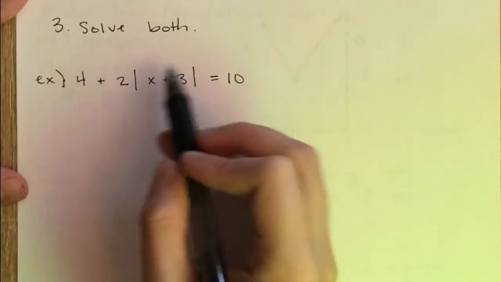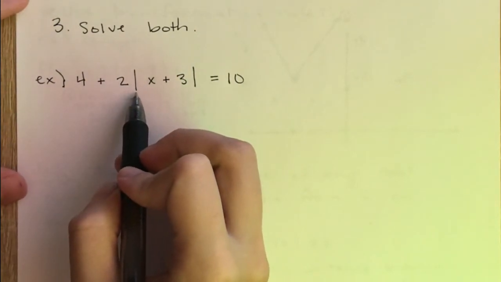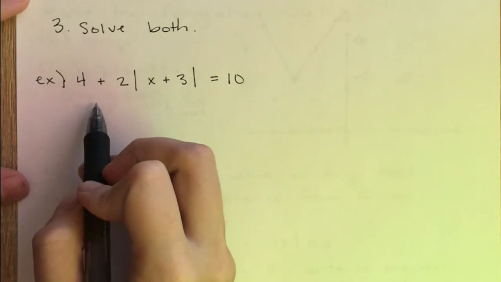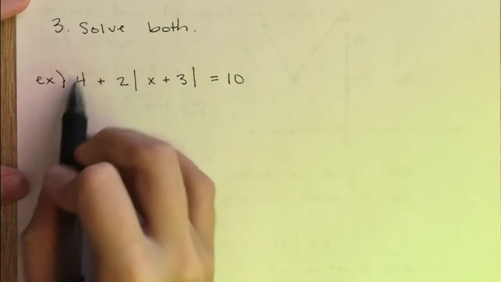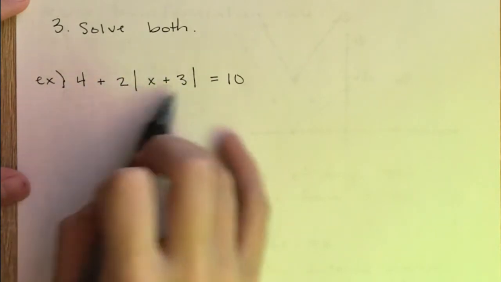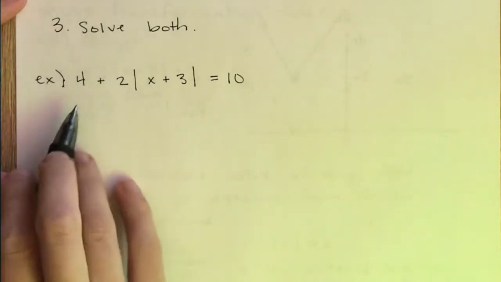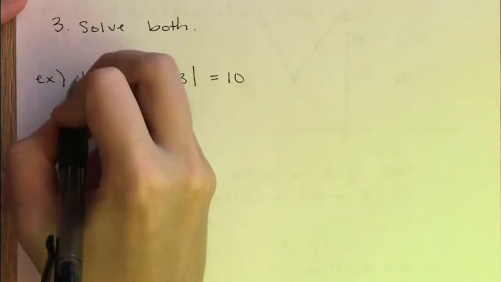In order to do that, again, we have to isolate first. So we've got to get rid of this stuff that's on the outside. So we want to subtract the 4 over, right? We can't add these guys because this 2 is multiplied by this stuff. We have to subtract 4 from both sides.